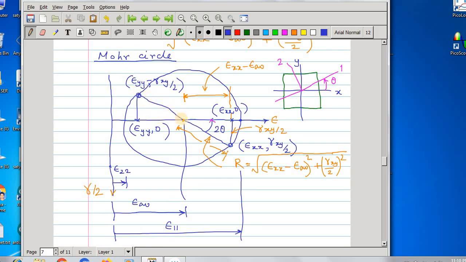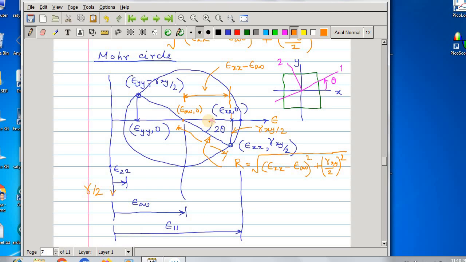Now this is your diameter, and the coordinate of this point is epsilon average, 0, because this has to be epsilon yy plus epsilon xx divided by 2. So this is the center of the circle. So with this center of the circle and this as diameter, you draw a circle.